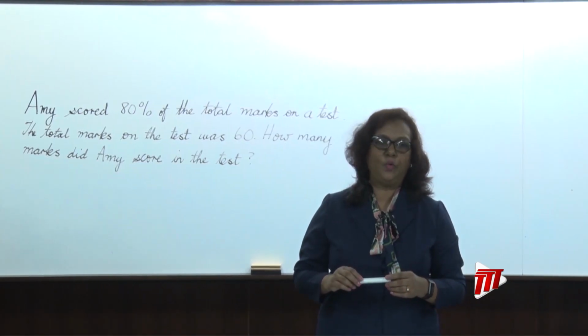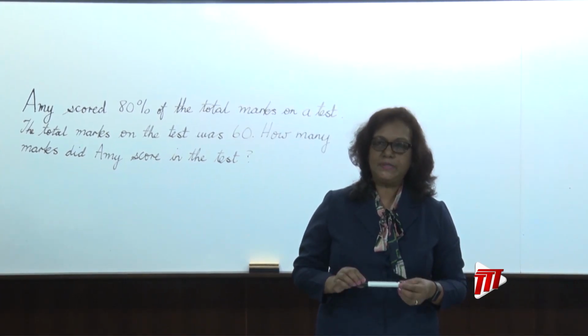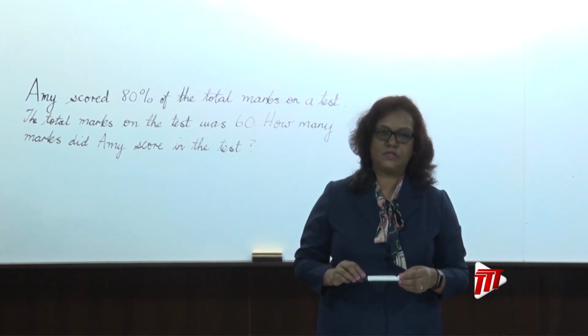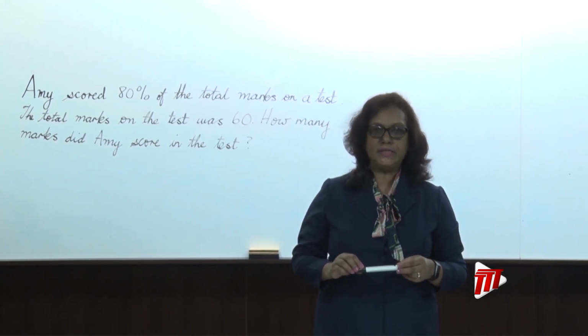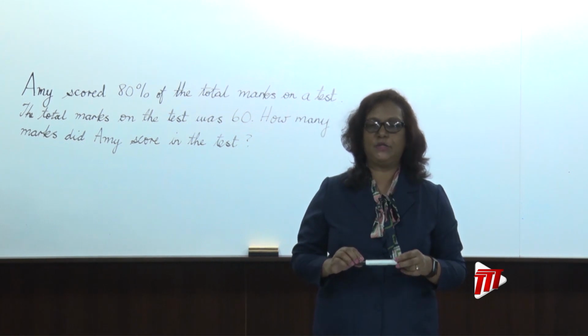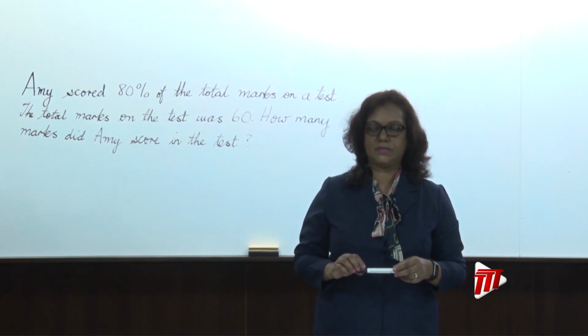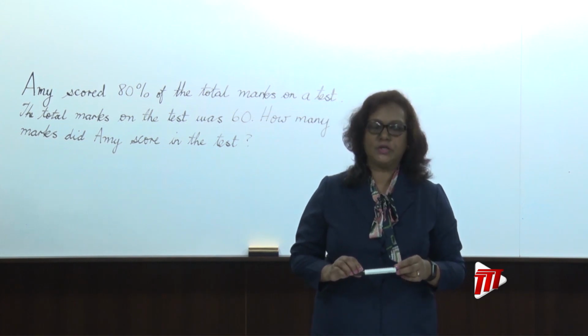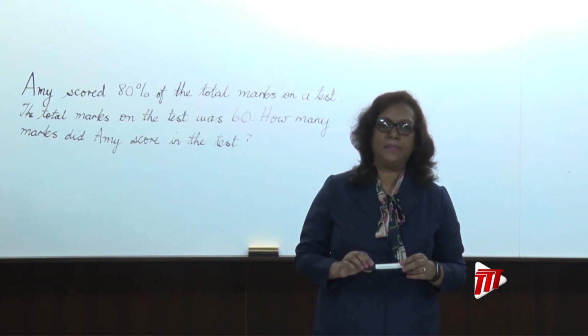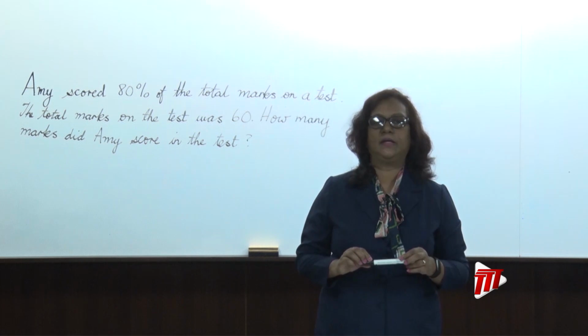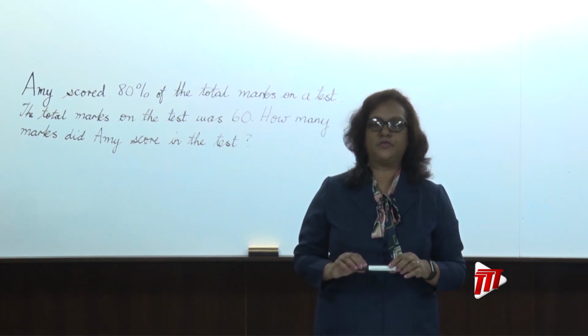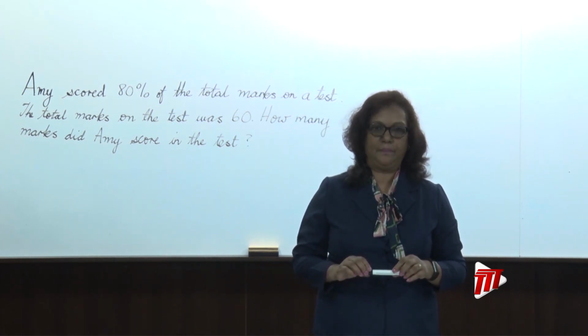So how are we going to calculate simple percent of quantities that are not 100? Boys and girls, what we have to do is use equivalent fractions. So what we are really doing is finding equivalent fractions that are the same as the percent that we want to find. And I'm going to demonstrate this using a problem.